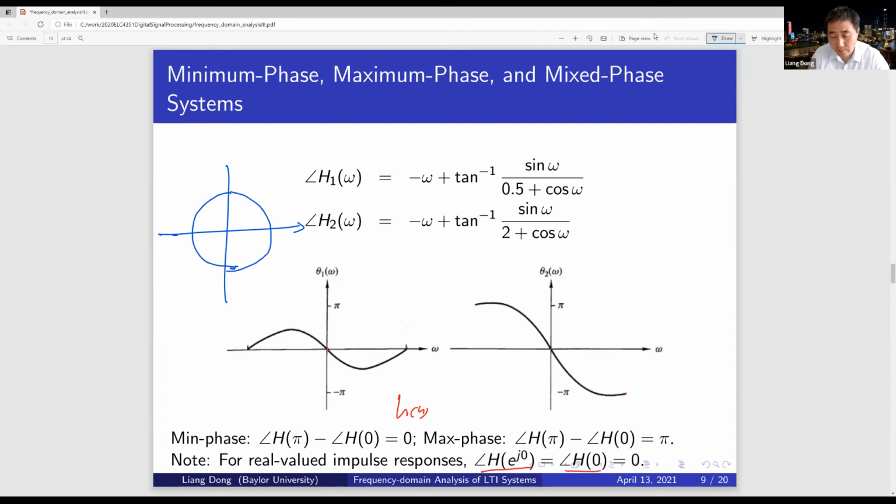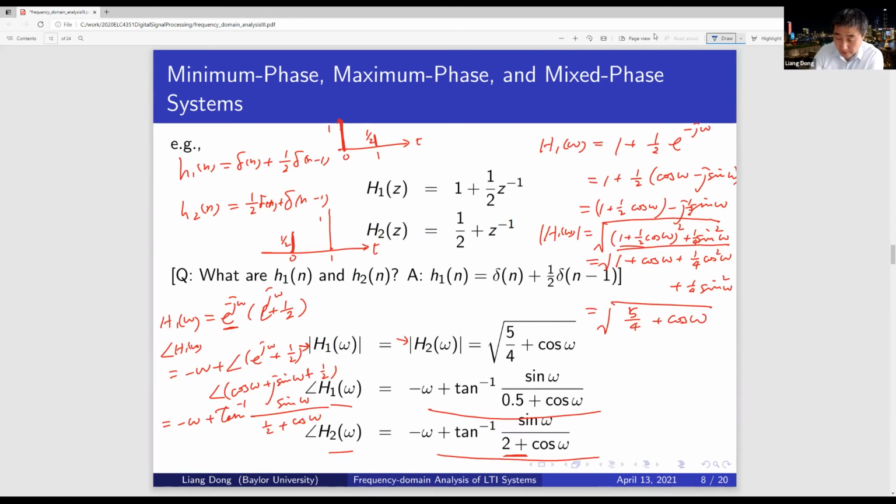I have two zeros for my system. Let's take the example of H1(z) and H2(z). It's an FIR system. The poles are deformed onto the origin. We don't have a denominator, but we have zeros. Right?